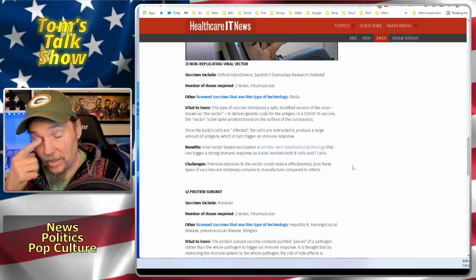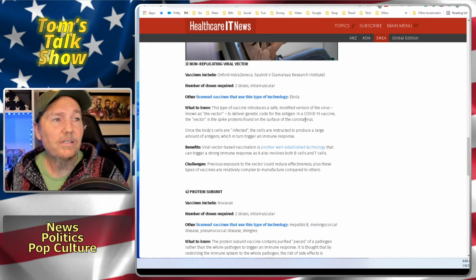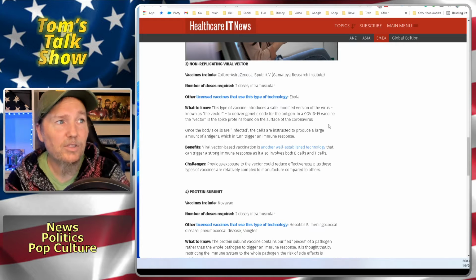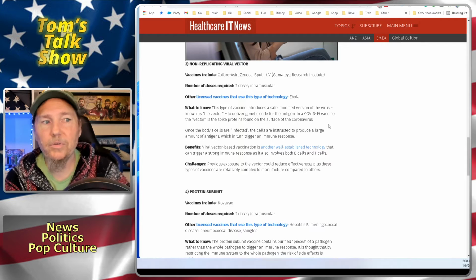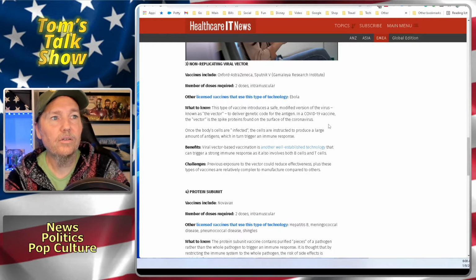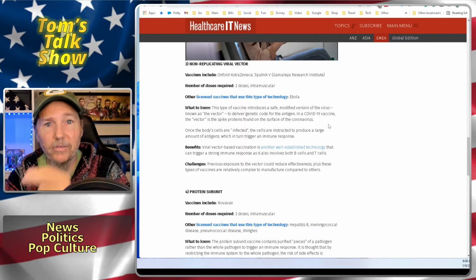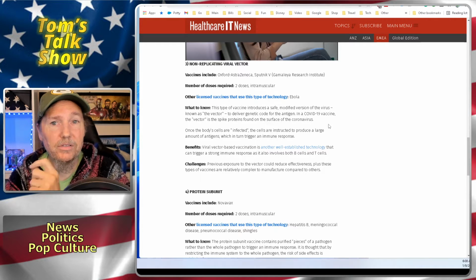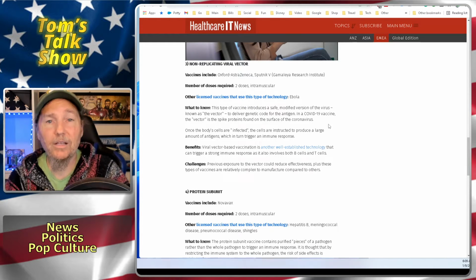Number 3 here is non-replicating viral vector. This type of vaccine introduces a safe modified version of the virus known as the vector. In COVID-19, it's that spike protein that really hits you hard when you get COVID. So if we get that vector, that certain part of the virus that causes the problem, into you, then you should be able to handle it better.